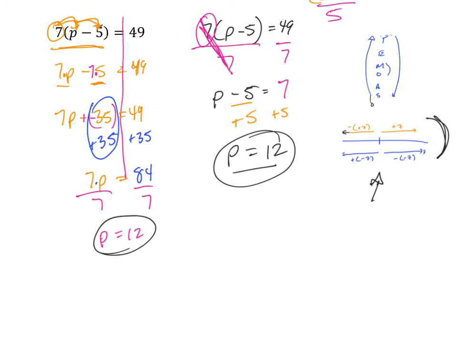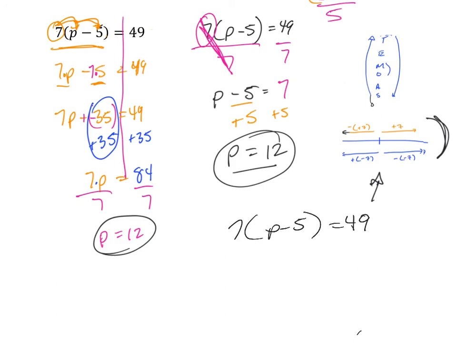Always check your answer. Okay, so if I check this one, it would be 7 times P minus 5 equals 49. Now you really want to pay attention to this, because it is a big part of one of the next tests when we talk about solving equations and expressions.